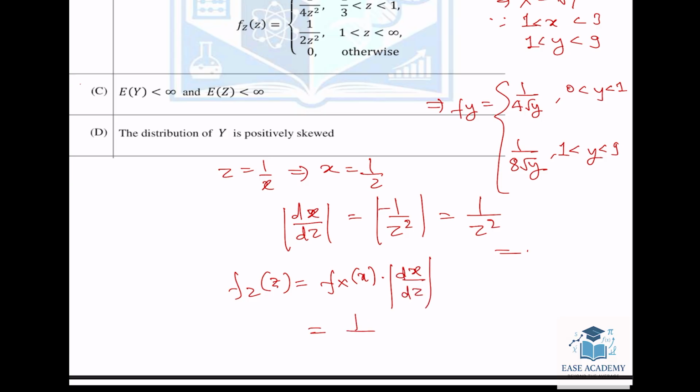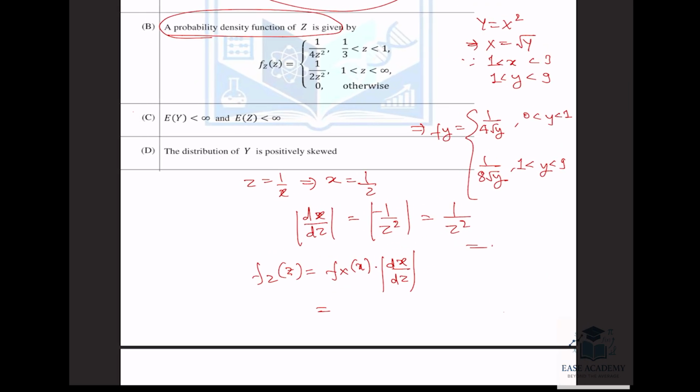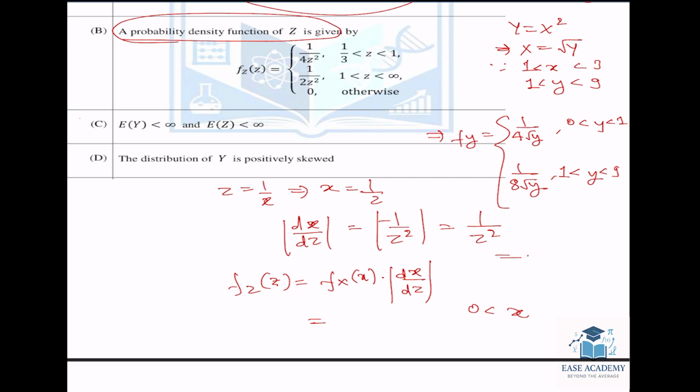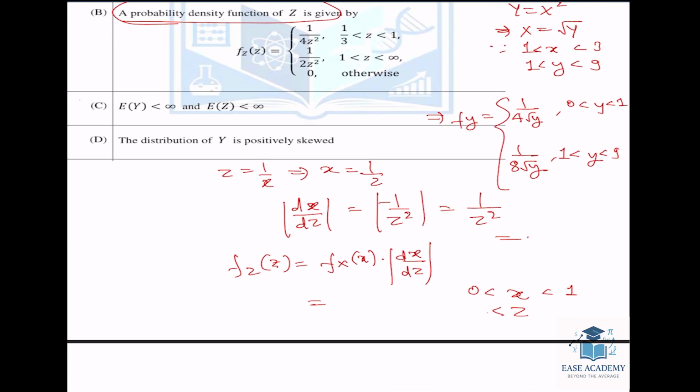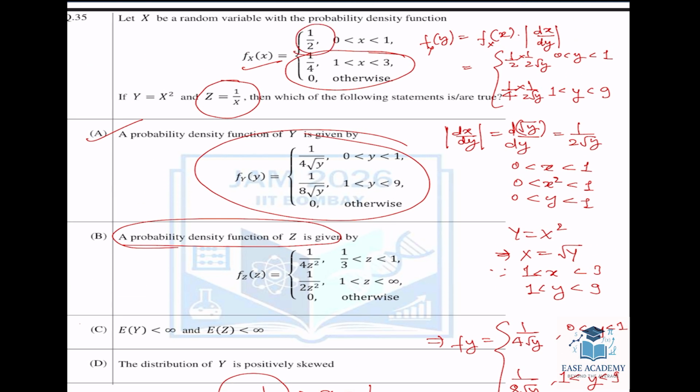Now split it for the different ranges of X. Since X is taking values from 0 to 1, Z would be from 1 to infinity by taking the transformation X equal to 1 by Z. Here f_X for X from 0 to 1 is 1 by 2.